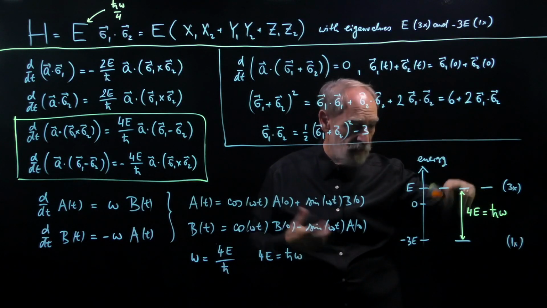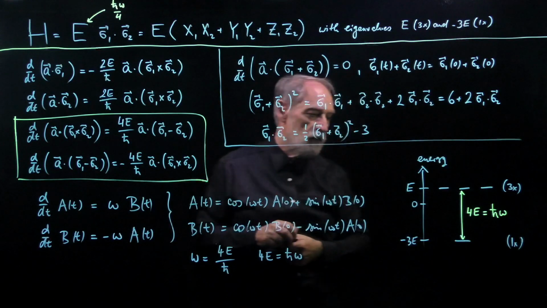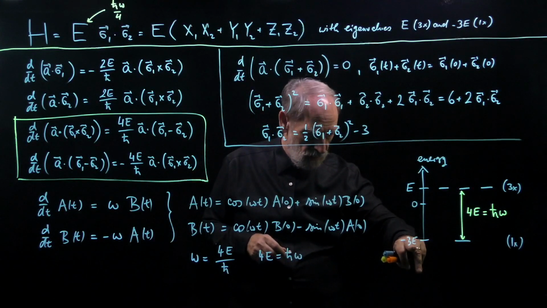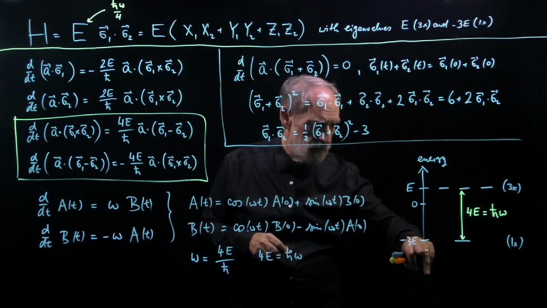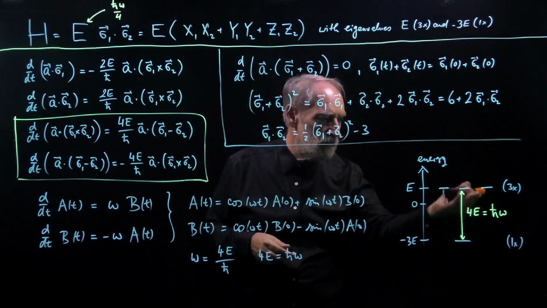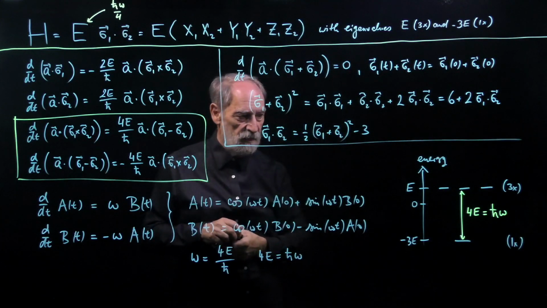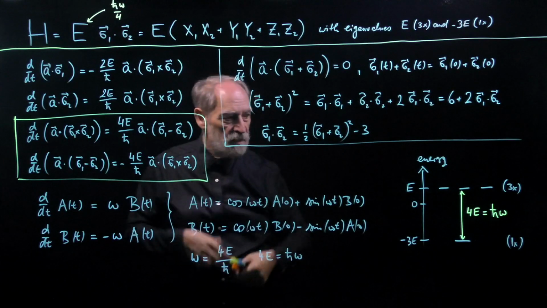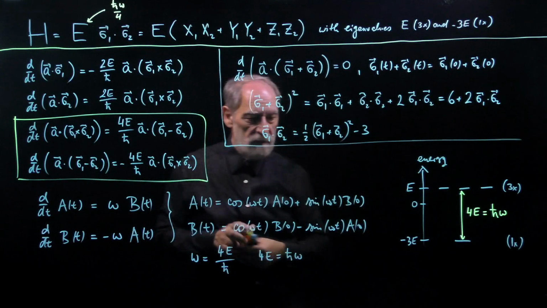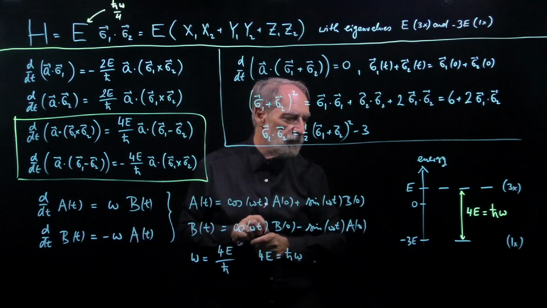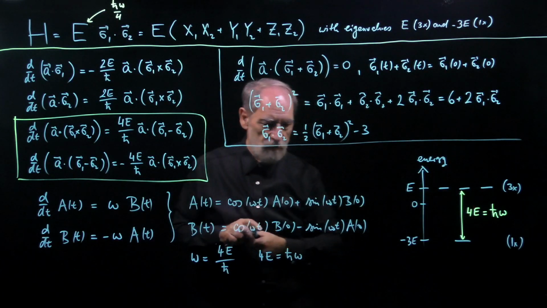There's 3 of these excited states, and there's one ground state if we choose E to be positive. So this minus 3E is a negative energy, and the positive E is a positive energy. Then this would be the ground state. We would have 3 excited states with the same energy. And so, except for the degeneracy, it's similar to the 2-level atom that we talked about before, where we call the energy difference h bar omega.